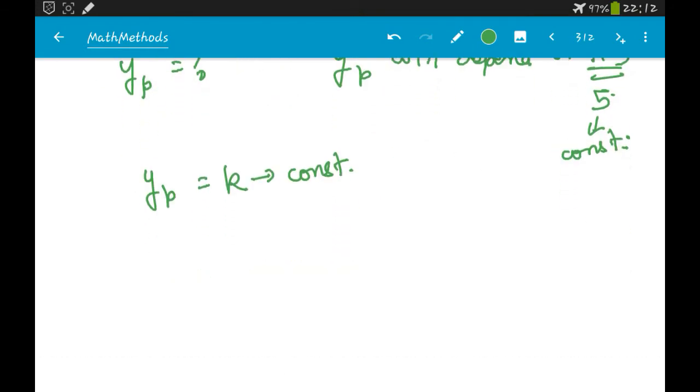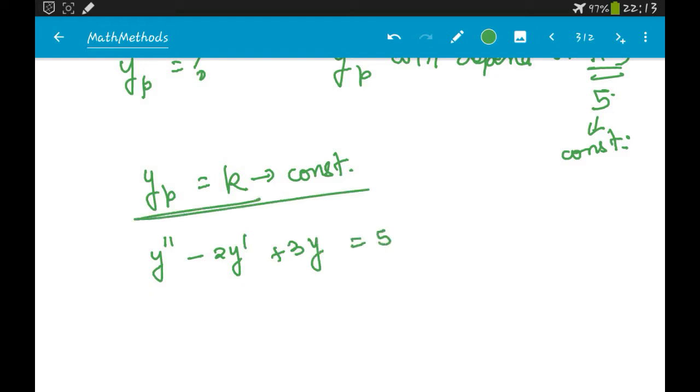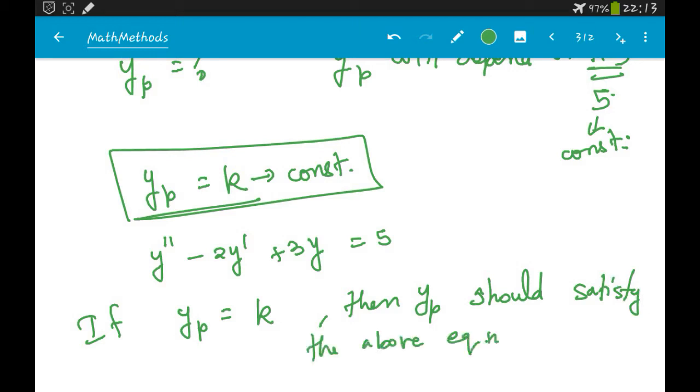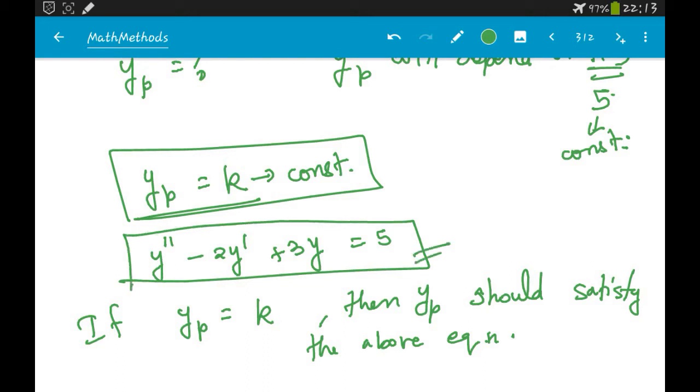Okay, so now let's solve for yp. The actual equation is y double dash minus 2y dash plus 3y is equal to 5. Now if yp is k, then yp should satisfy the above equation.